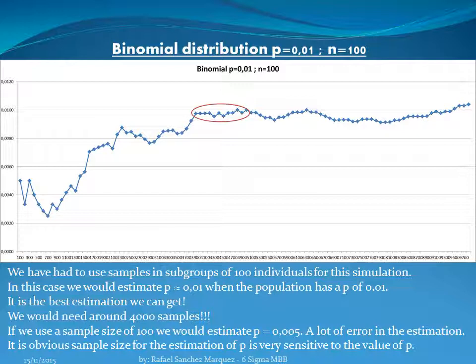Let's see what happens with a proportion of 1% of not okay parts. To show this, we have had to generate the distribution using a subgroup size for each point of 100.